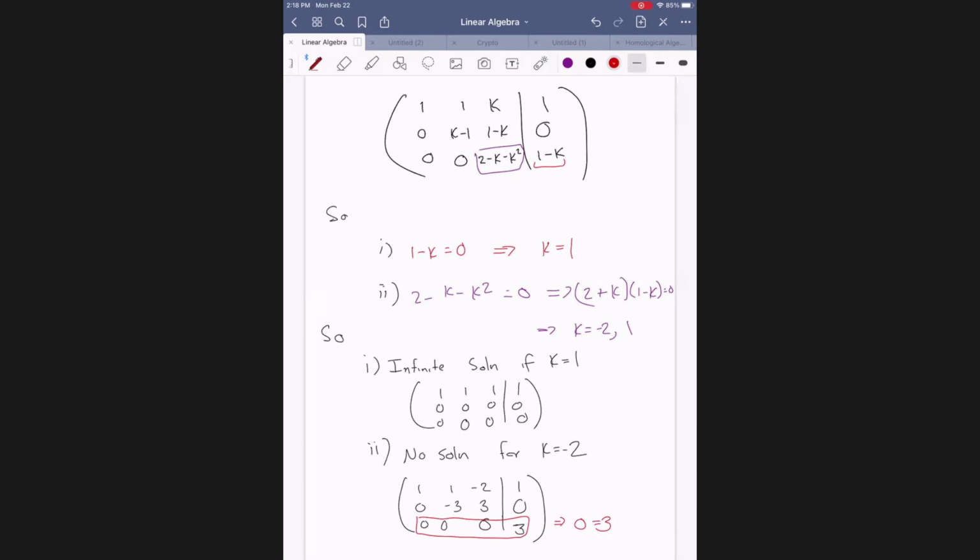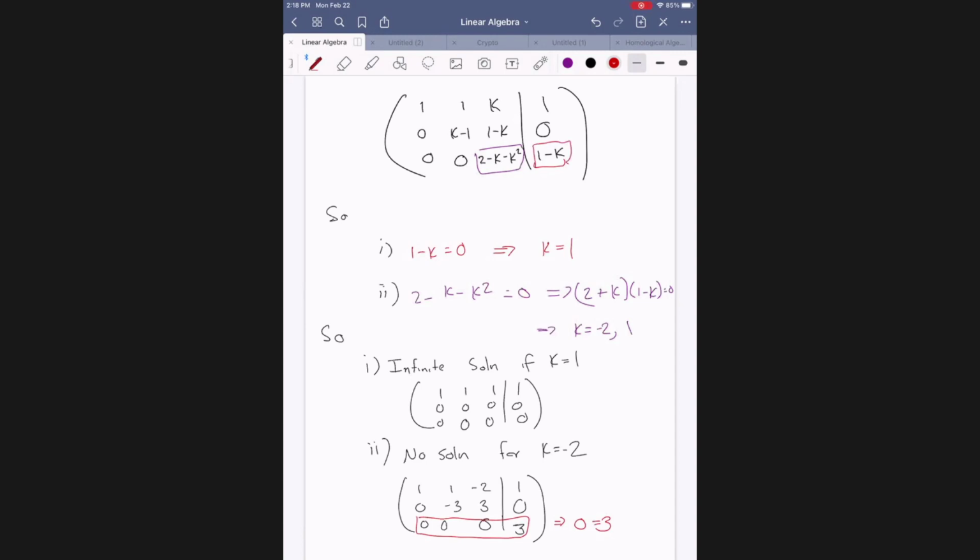Now, when do we have a unique solution? When k is what? Yeah, exactly. Remember, the only way we can have a unique solution is if those two, let me color code them, that purple box and that red box are not 0, right?